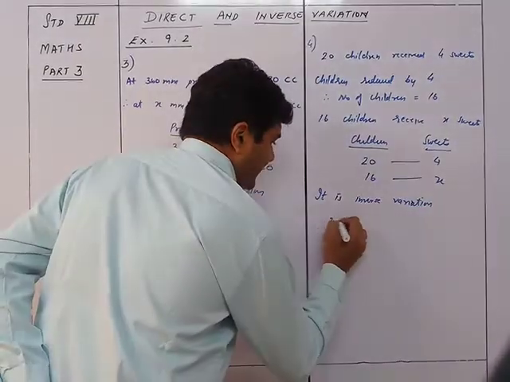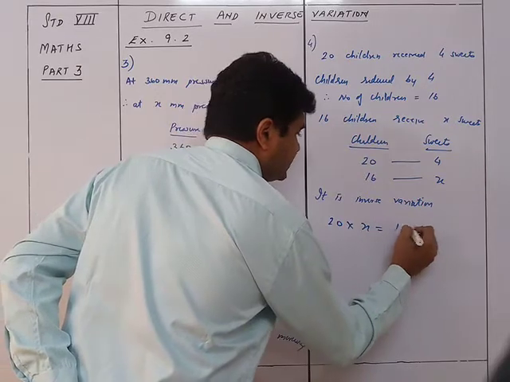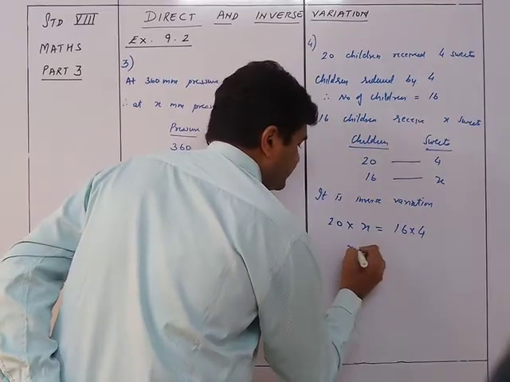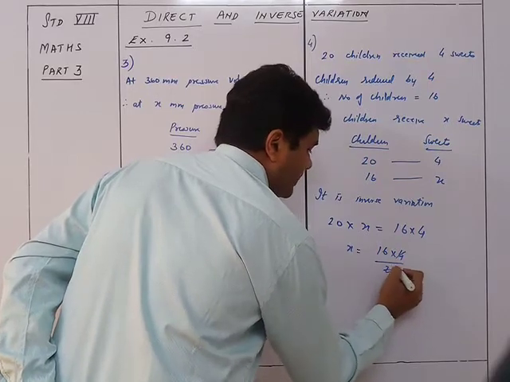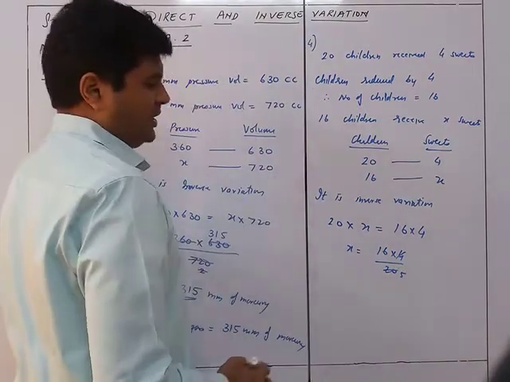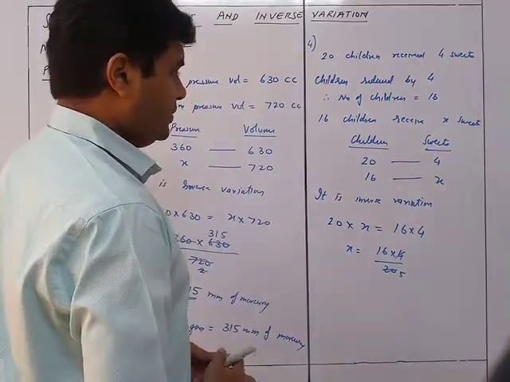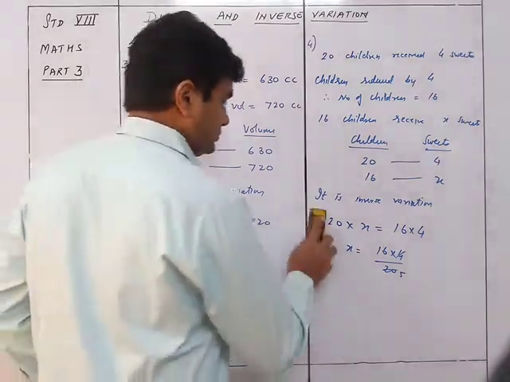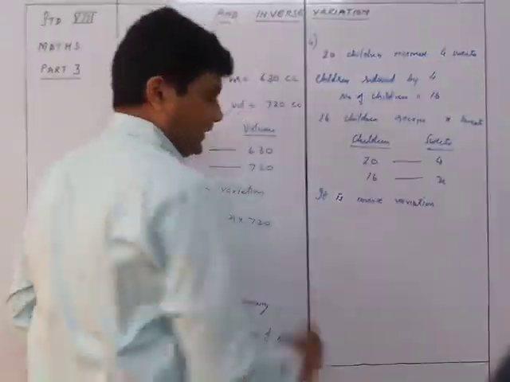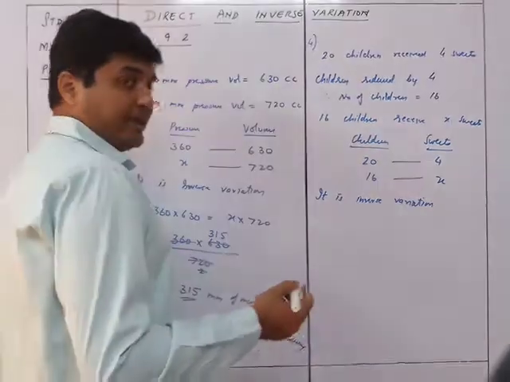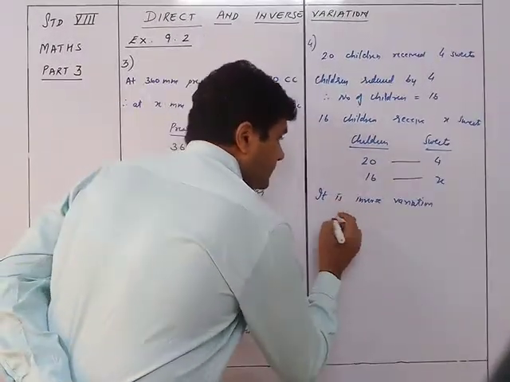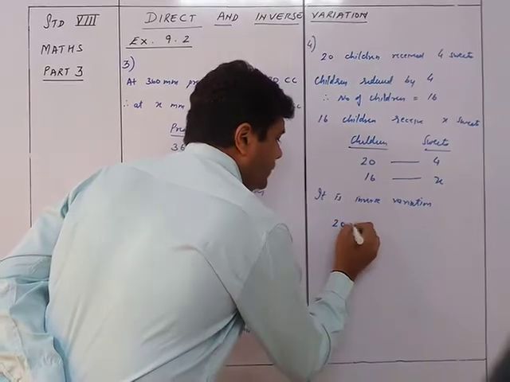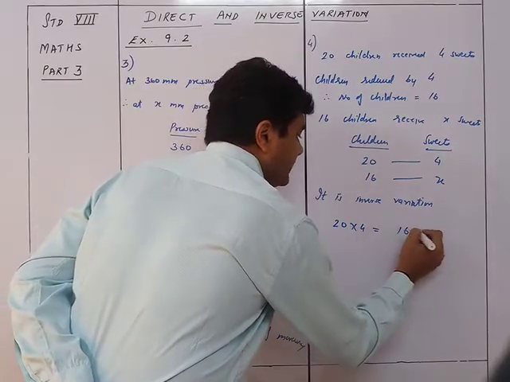So it is 20 into x is equal to 16 into 4. So x is equal to 16 into 4 upon 20. So that will be 5. How can it be? Oh, sorry. I said inverse relation, but I did direct multiplication. I should cross multiply. So it is 20 into 4 is equal to 16 into x.